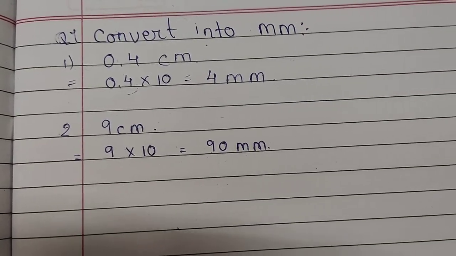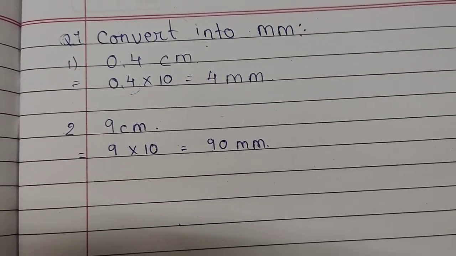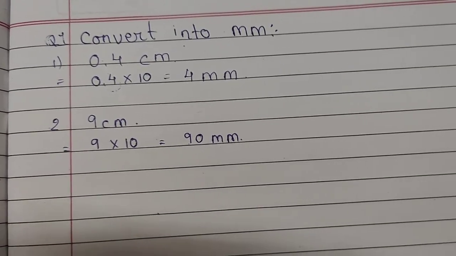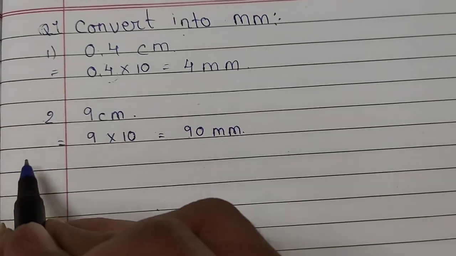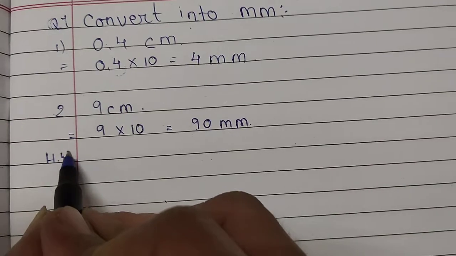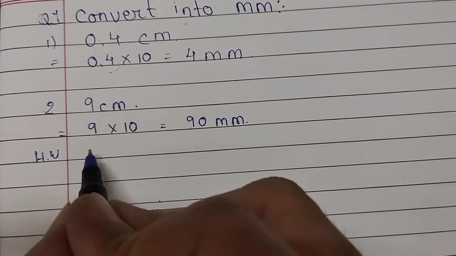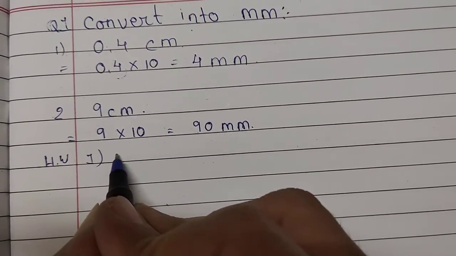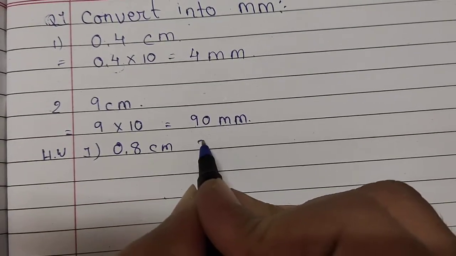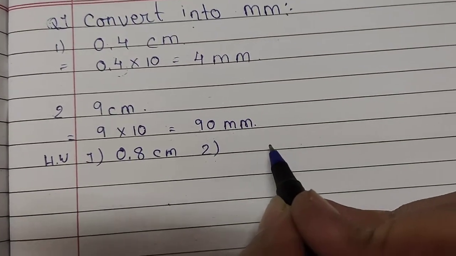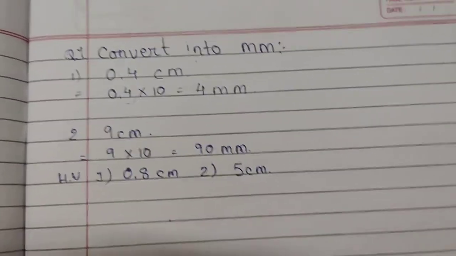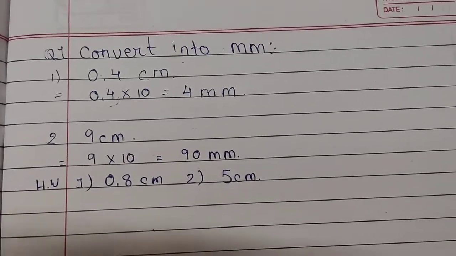Here I have done two sums and I will give you two sums for homework which you are supposed to do in your notebook. So I am writing down the homework here, students. In homework, first sum is 0.8 centimeter and your second sum is 5 centimeter. This you are supposed to solve in your notebook.